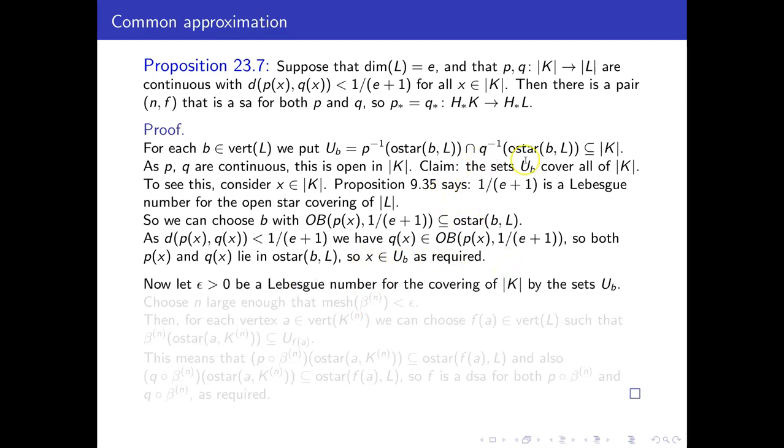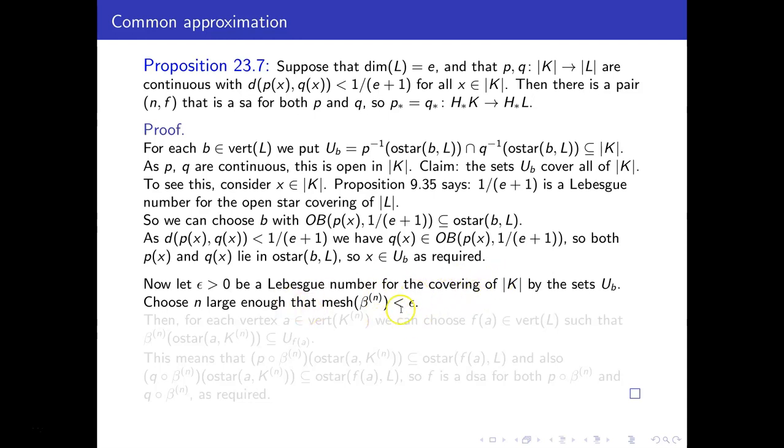So now we've seen that these sets UB are open subsets of mod K, and they cover all of mod K. And again, mod K is a compact metric space, so this covering by the sets UB is going to have a Lebesgue number. So we're going to choose a Lebesgue number for that and call it epsilon. Now we want to choose n large enough so that the mesh of the barycentric subdivision map beta bracket n is less than this epsilon.